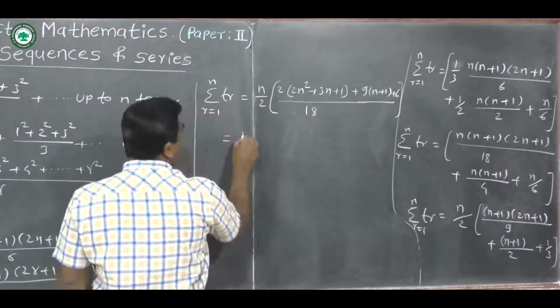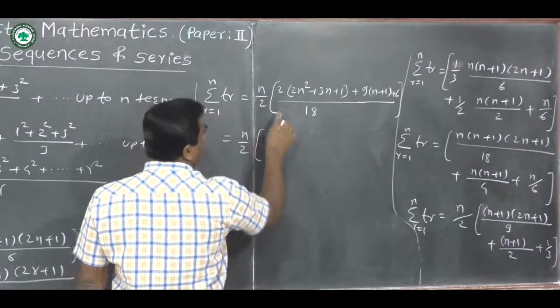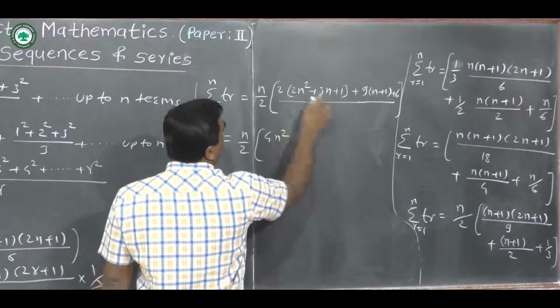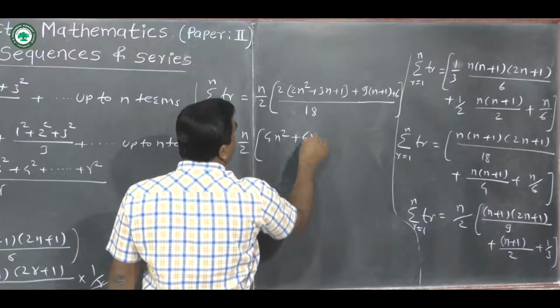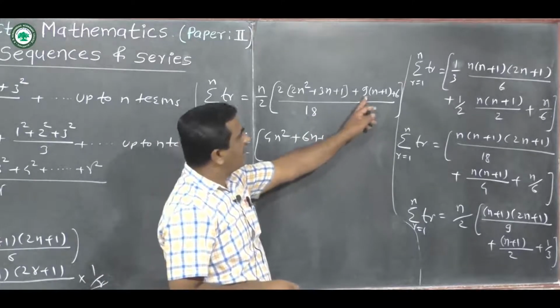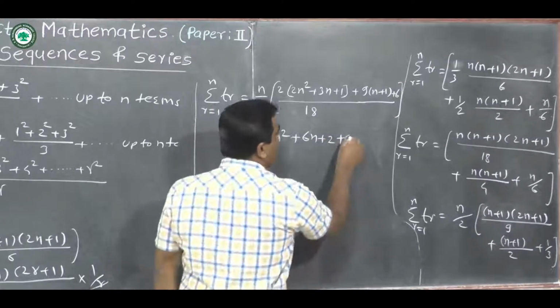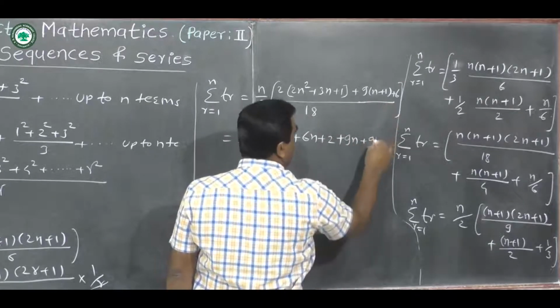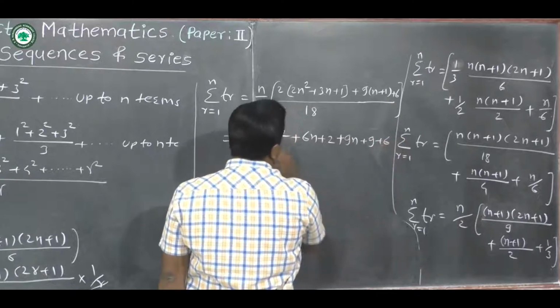That is n upon 2 into, in bracket, the product 2 into 2, 4n square plus 6n plus 2, plus 9 into this bracket, 9n plus 9, plus this 6 as it is, upon 18.